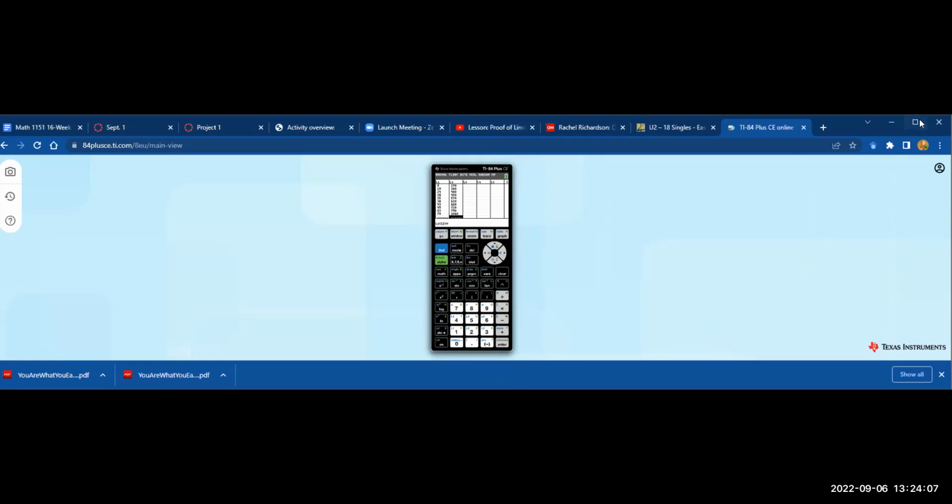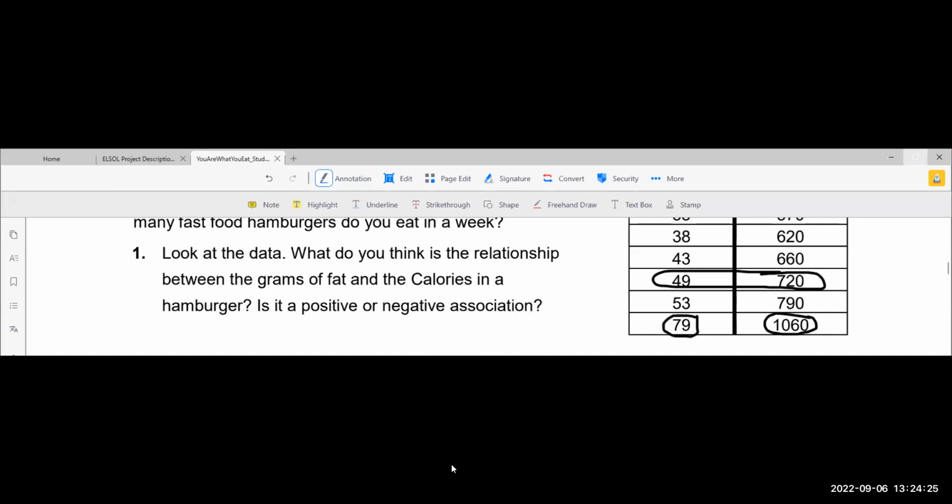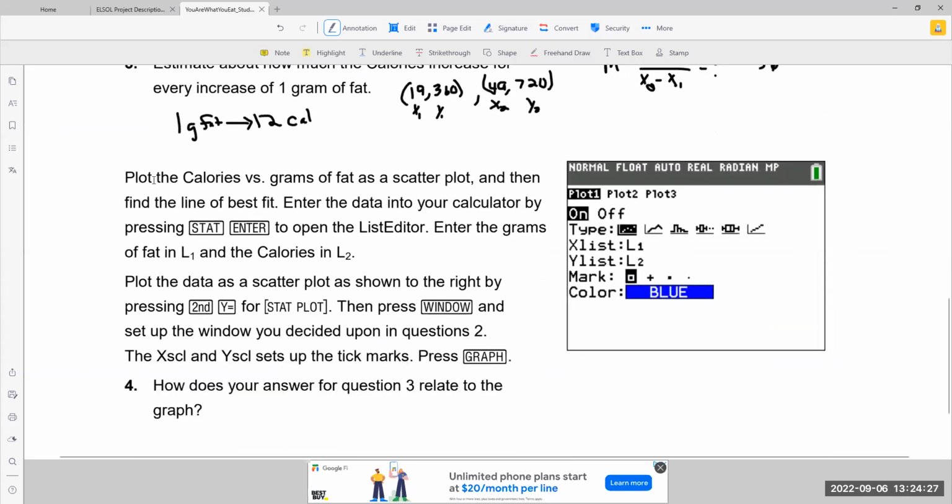Okay, so everything should line up if I didn't make any mistakes. It all looks good to me. And going back to the prompt, let's see what they want us to do. So it says, plot the calories versus grams of fat as a scatter plot, and then find a line of best fit.